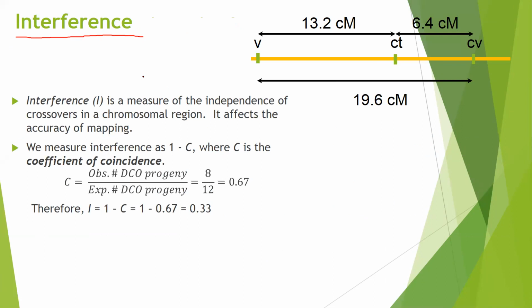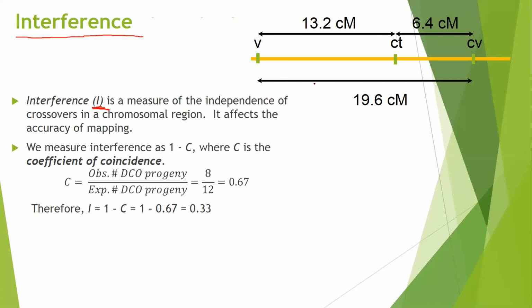All right. So, interference coefficient. We use I to represent this. This I, interference coefficient, is a measure of the independence of crossovers in a chromosomal region. This region represents the map of the 3 genes.